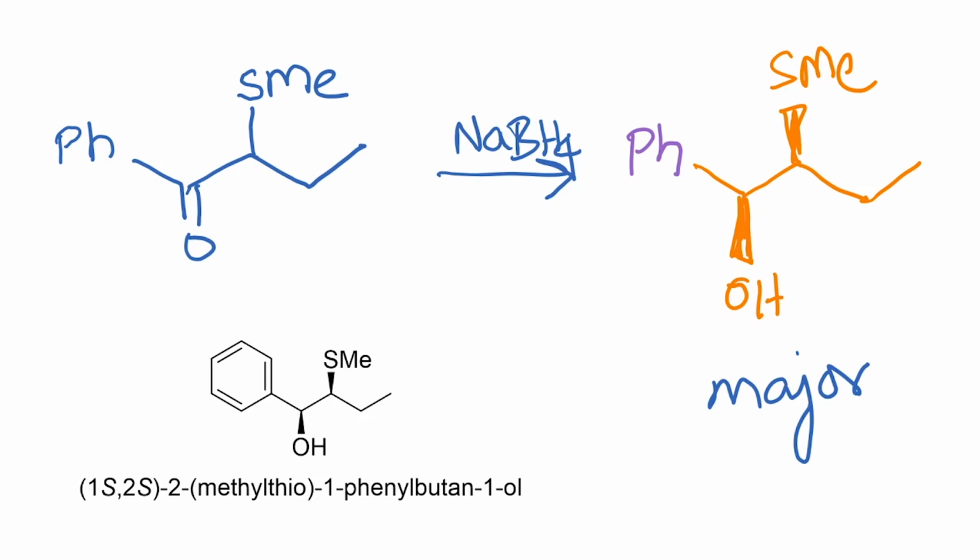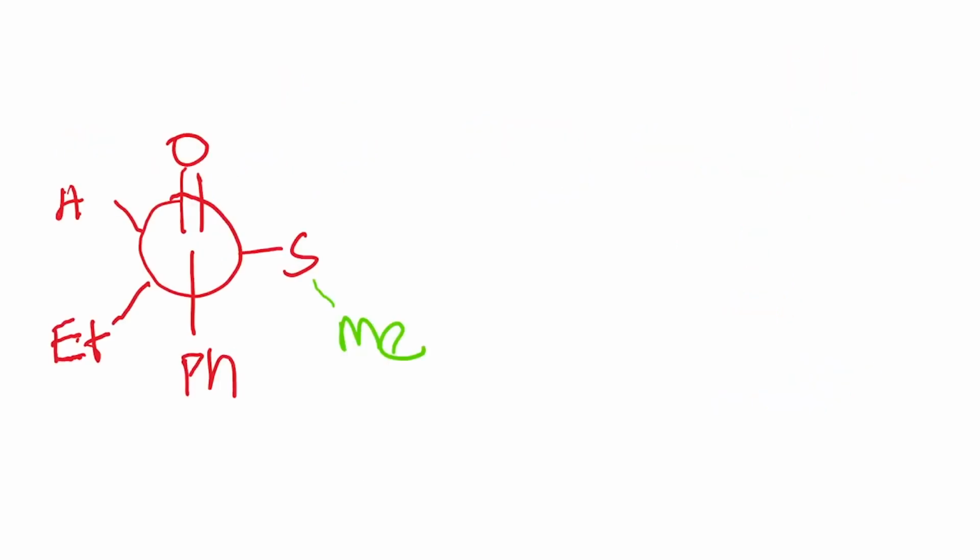And so the way I would assign the stereochemistry is I would label this as 1, and this carbon as 2, and this carbon as 3, and the hydrogen is actually over here, and so this would be S. Okay, and similarly if I assign the stereochemistry for the other chiral center, I get S, and so therefore it is 1S, 2S methylthiobutanol. And now let's move to the model. So the model tells us that for the conformation, the C double bond O and, let's say, the electronegative atom.